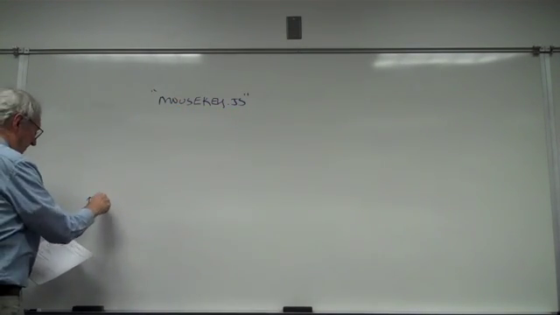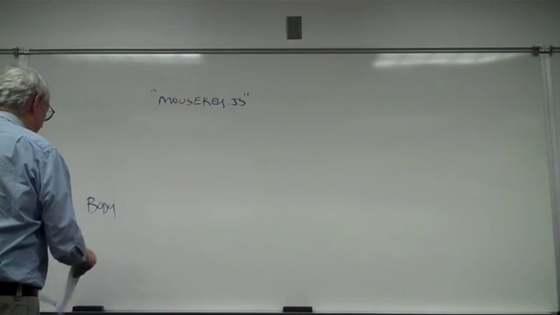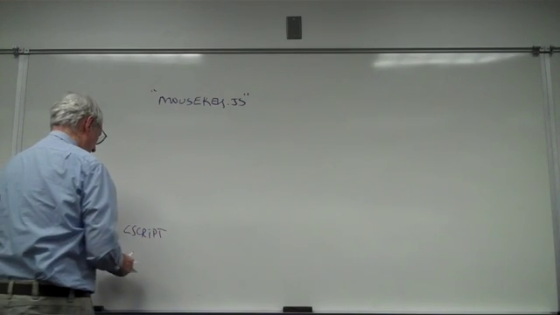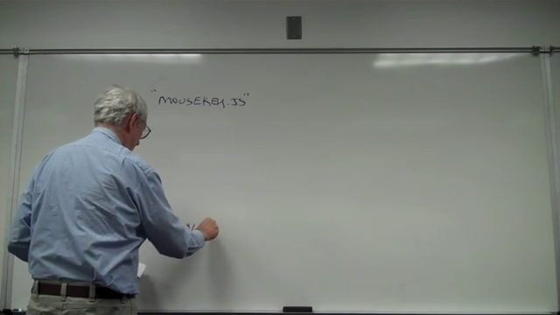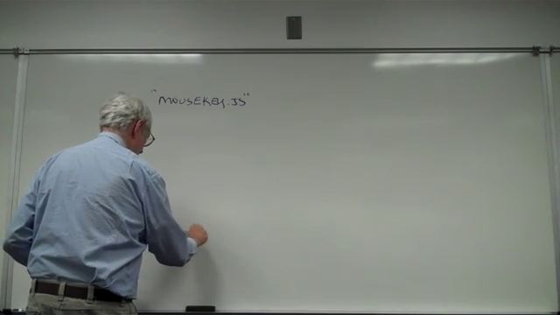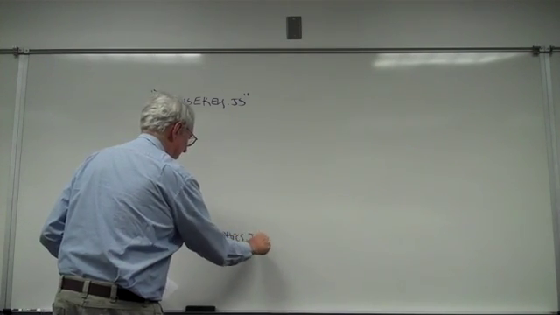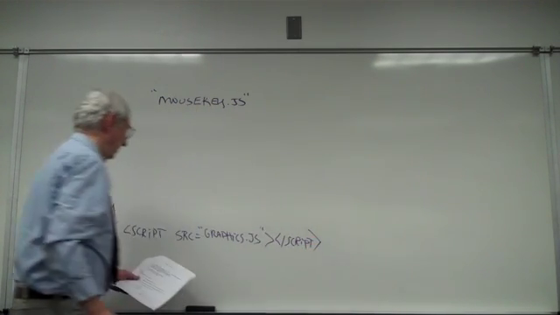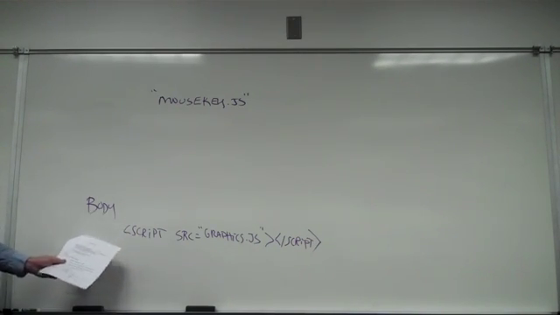And then down here in the body, you have to have this thing here, this graphics thing, which is a script with source graphics.js. This right here is the line that you need to bring all the graphic stuff in for you to use. Okay, that has to be in the body right there.